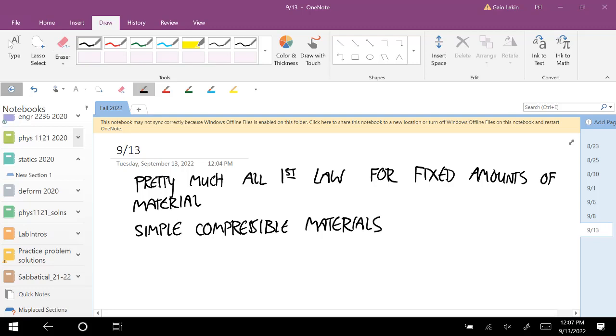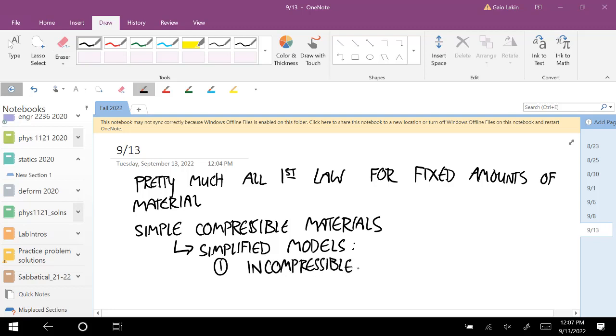Along the lines of simple compressible materials, today we're going to talk about two simplified models for doing calculations. The first one is treating a material as incompressible.